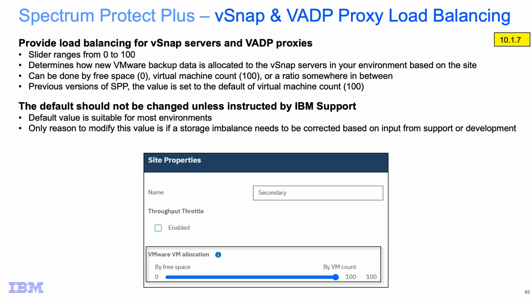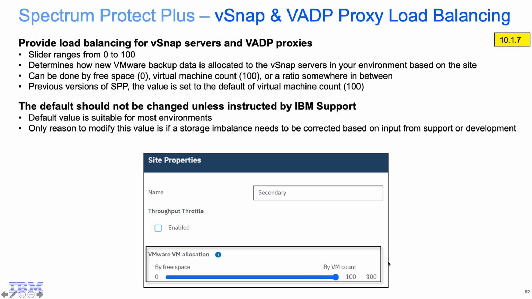Continuing with 10.1.7, we have made some changes in the controllability of load balancing for vSnap and VADP proxies. Beginning in 10.1.7, we've added a slider that allows you to determine how new VMware backup data is allocated to the vSnap servers in your environment.